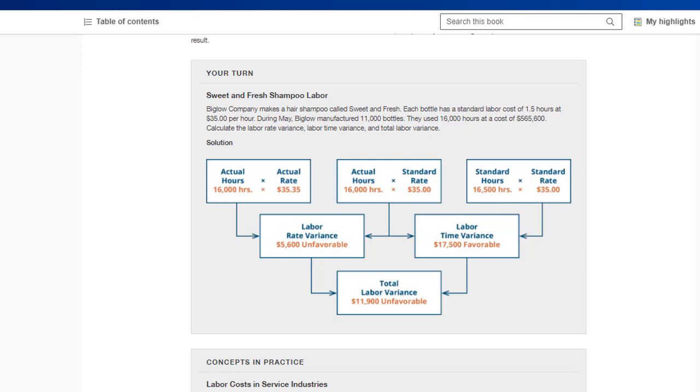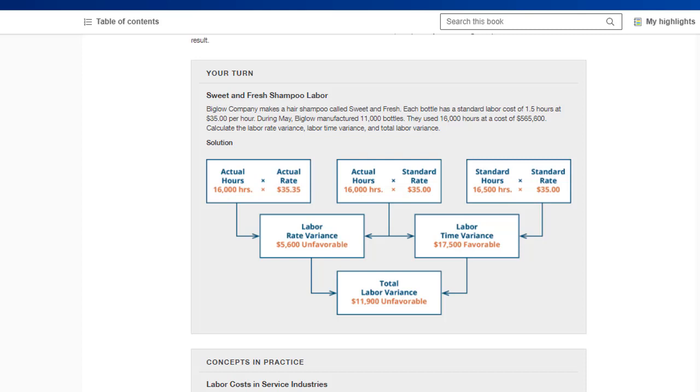Well, you used 500 hours less than you originally thought you would. And 500 hours times 35 bucks an hour equals $17,500. In other words, the fact that you used fewer hours than you thought you would had a favorable $17,500 impact on your pocketbook, on your cash balance or cash position.